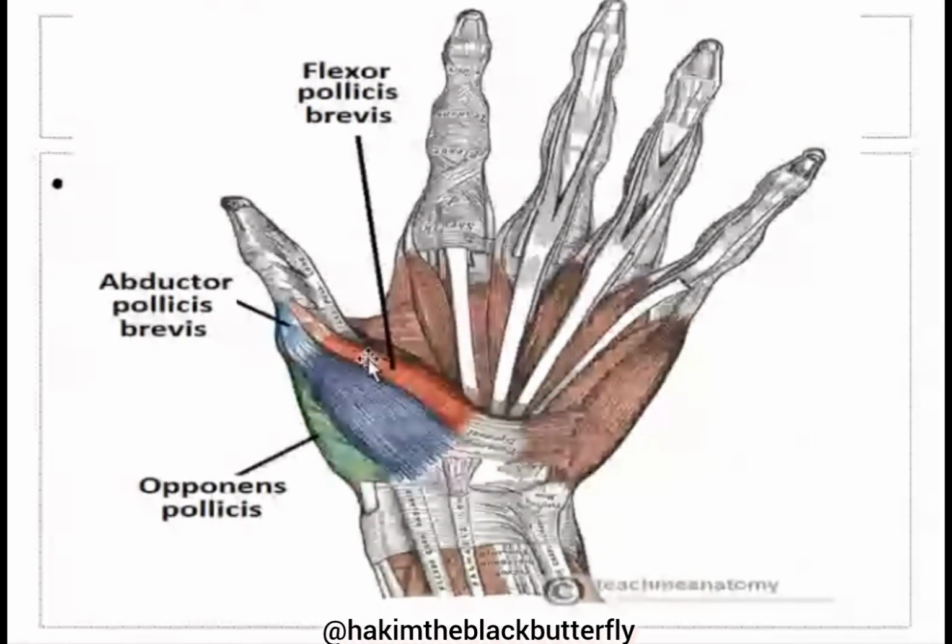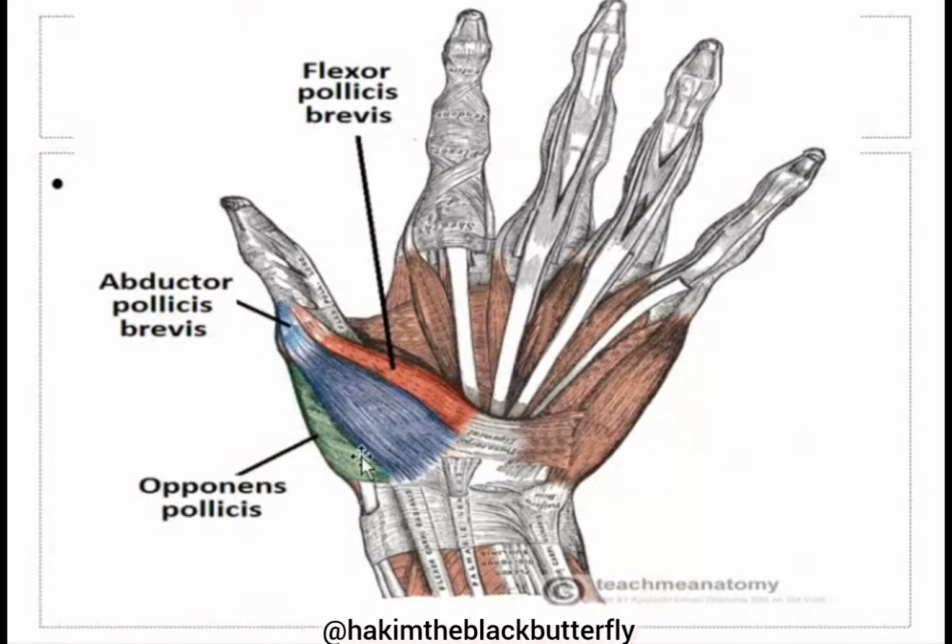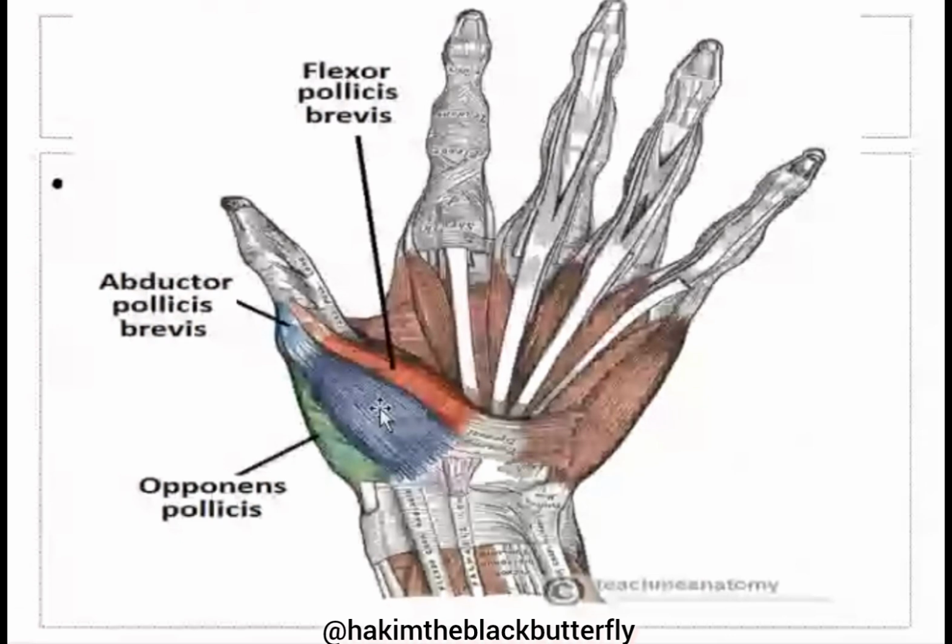This is what we call the thenar eminence. Then we look at the muscles of the hypothenar eminence. The muscles of the thenar eminence act on the thumb, and the muscles of the hypothenar eminence act on the small finger.